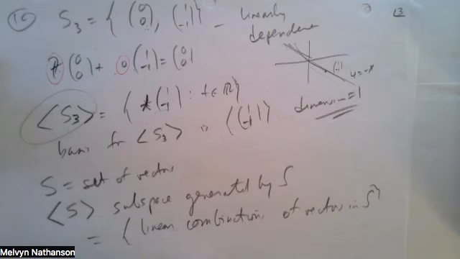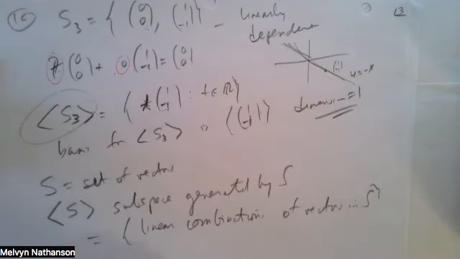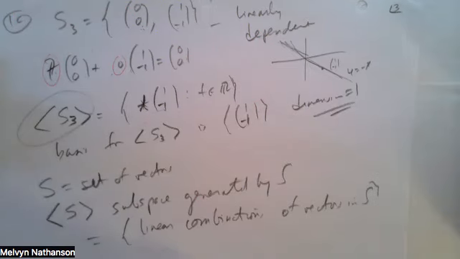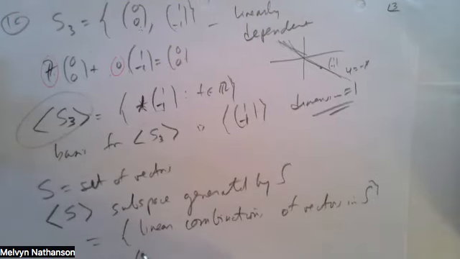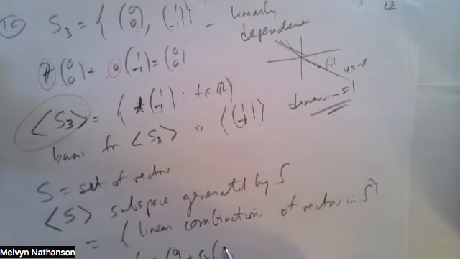If you go back a few pages in the text, you'll see this theorem: the set of linear combinations of all vectors in any set is a subspace. So this means the subspace generated by these two vectors. So S3 is the set of all linear combinations, let's say c1 (0, 0) plus c2 (1, -1).